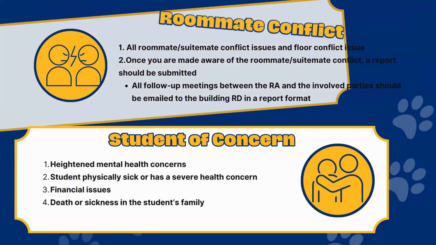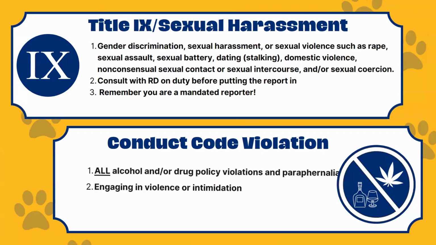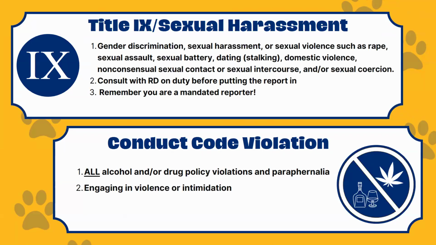Title IX and sexual harassment reports should be submitted if there has been an instance of gender discrimination, sexual harassment, or sexual violence such as rape, sexual assault, sexual battery, dating violence, stalking, domestic violence, non-consensual sexual contact or sexual intercourse, and/or sexual coercion. You will always report this issue up to a professional staff member prior to submitting a report.